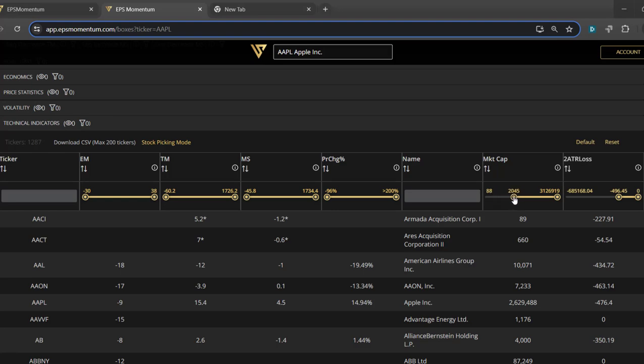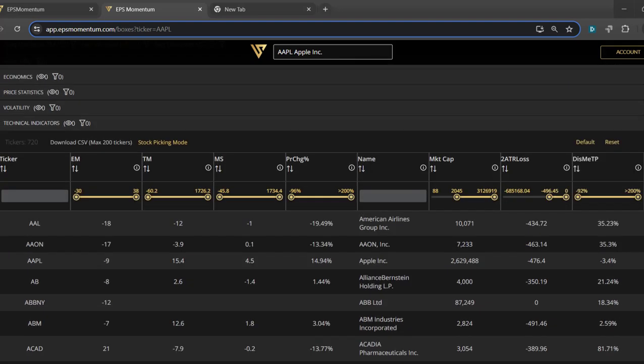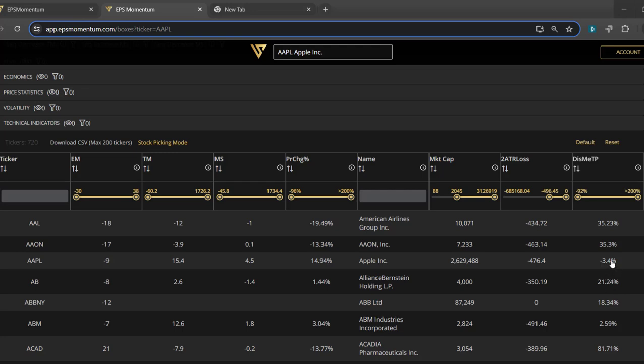This is very useful to really assess your risk. You can increase the market cap. You can add in distance to the mean price target, which is also useful. It tells you how far it has to run, or whether it is above or below. Obviously if it's negative, it's going to be above.